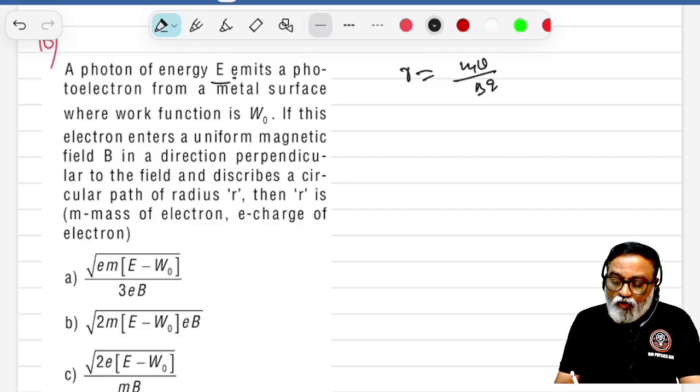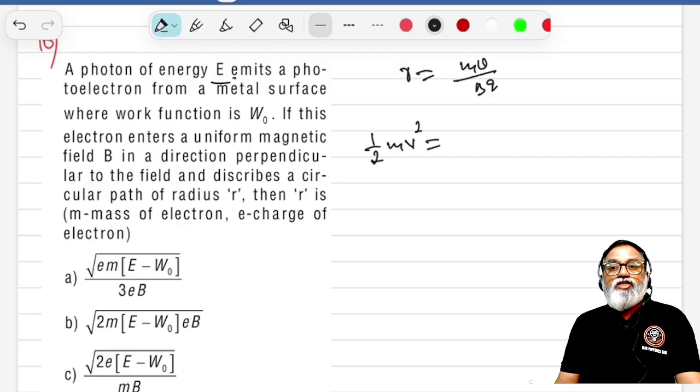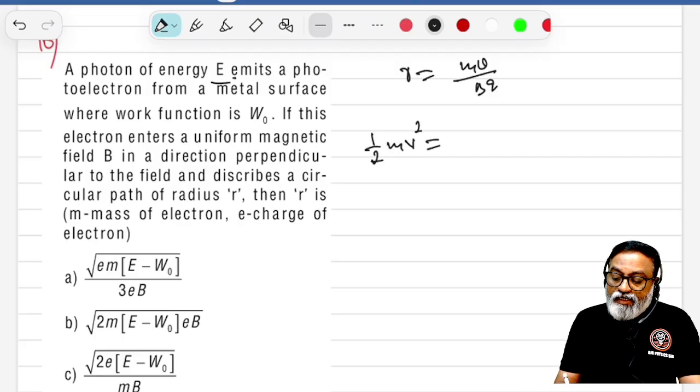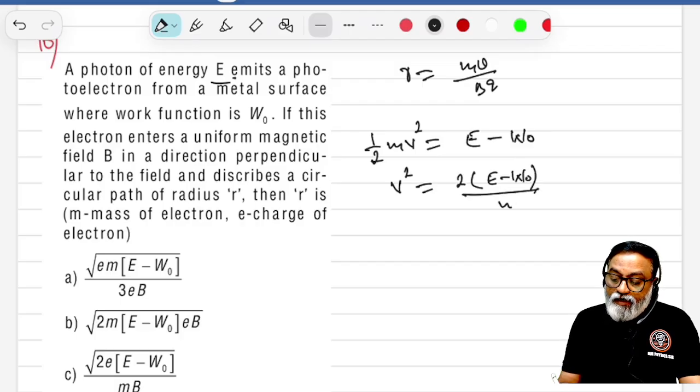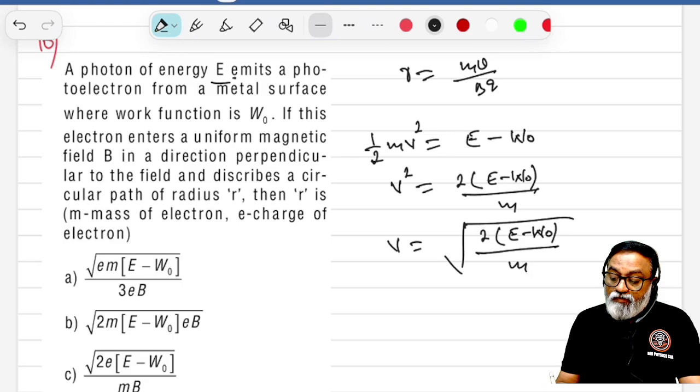But from Einstein's photoelectric equation, the maximum kinetic energy, half mv square, is equal to photon energy E minus work function W naught. From this, v square is equal to 2 into E minus W naught by m. Therefore, v is equal to the square root of 2 into E minus W naught by m. And this we want to substitute in this equation.